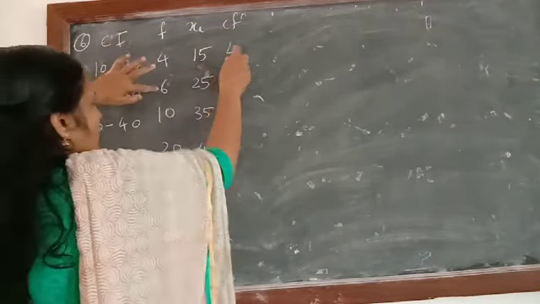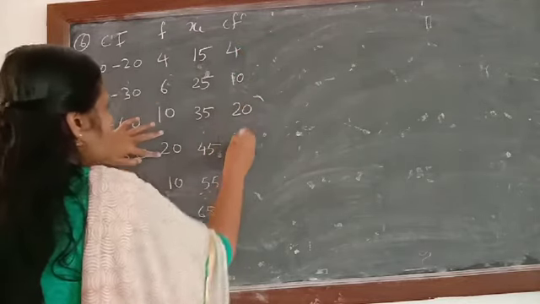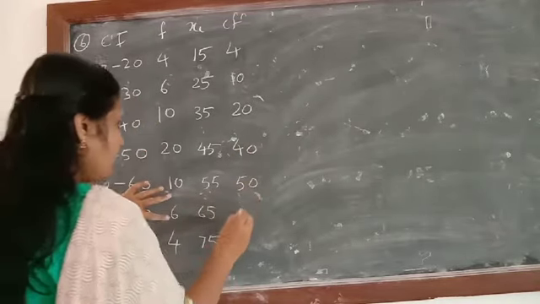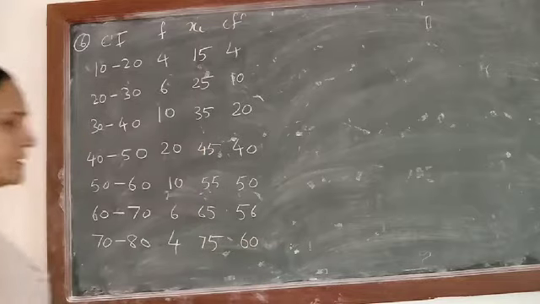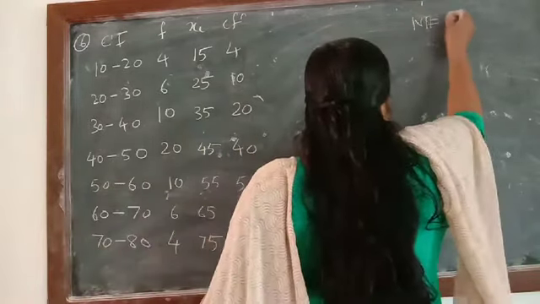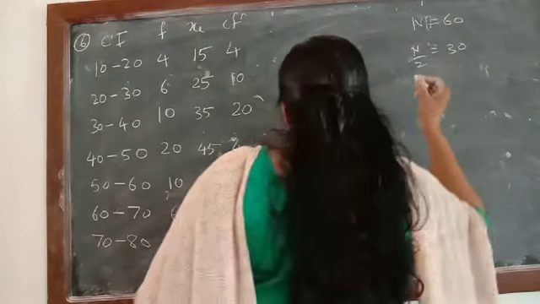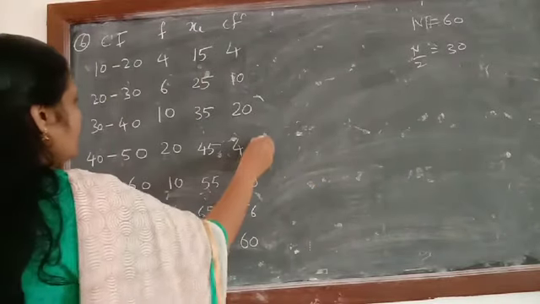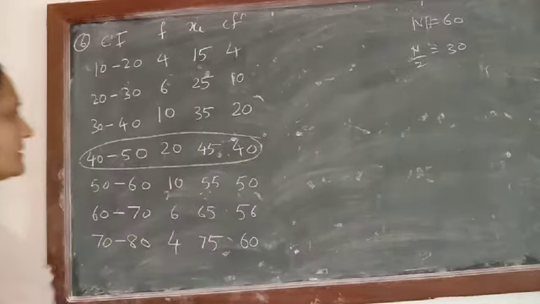Here 4, then 4 plus 6, 10, 10 plus 10, 20, 20 plus 20, 40, 40 plus 10, 50, 50 plus 6, 56, plus 4 is equal to 60. So what we have here, n is equal to 60. So n by 2 is equal to 30. Now just to check the cumulative frequency which is greater than 30. Cumulative frequency which is greater than 30 is this one.